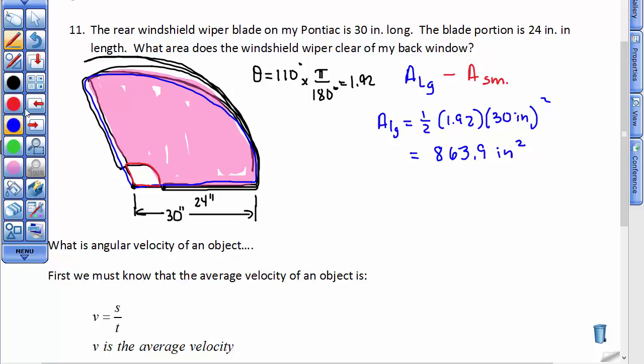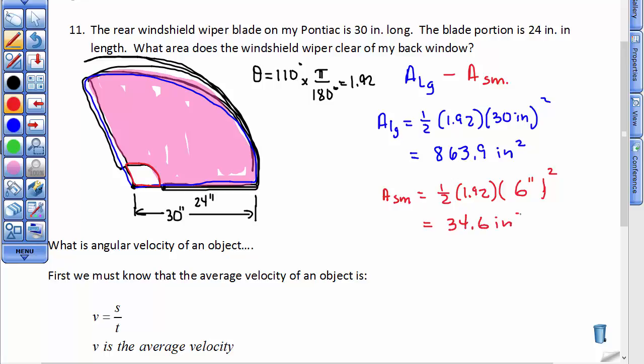Let's now find the area of the small one. So the area of the small is 1/2 times the 1.92, the angle theta. But what's the radius for that one? Oh yeah, that's 6 inches, because it's the 30 minus the 24 that gives you that 6 inches right there. And the area of that one turns out to be 34.6 square inches.